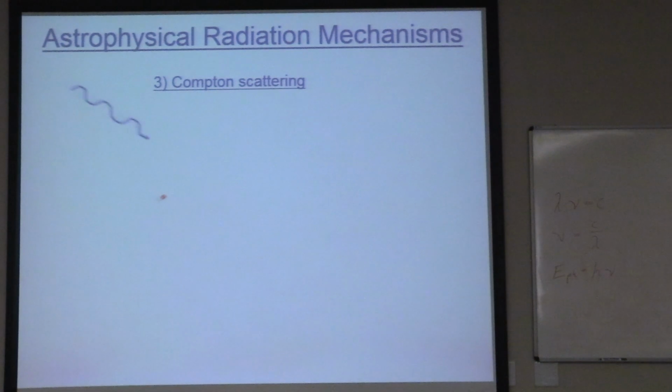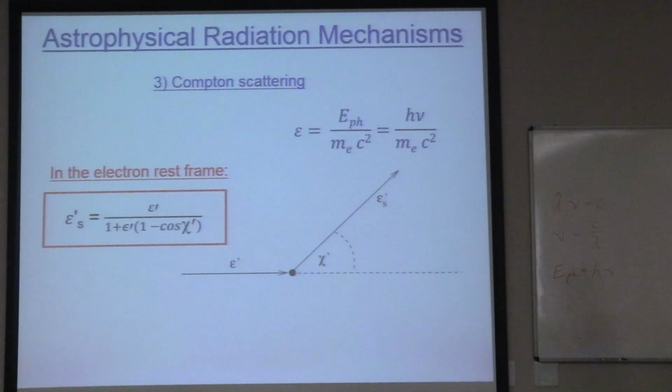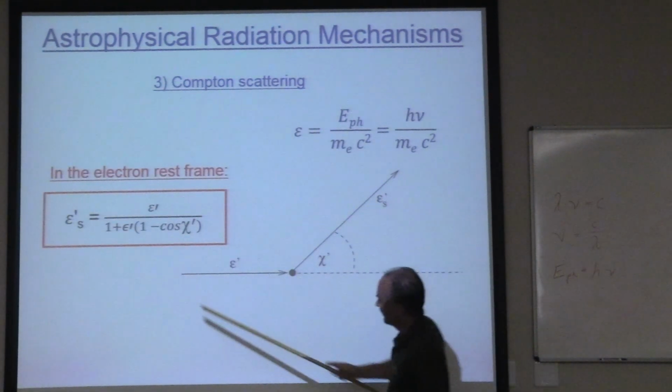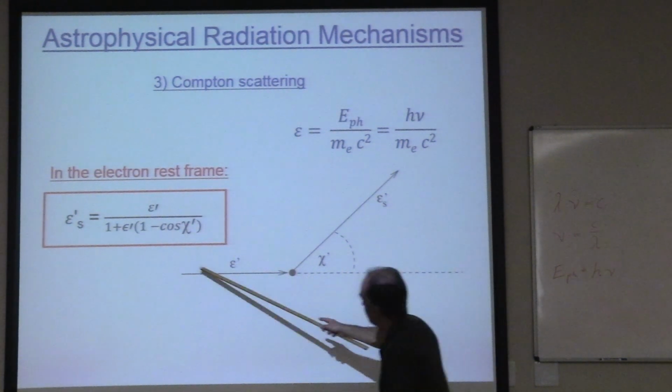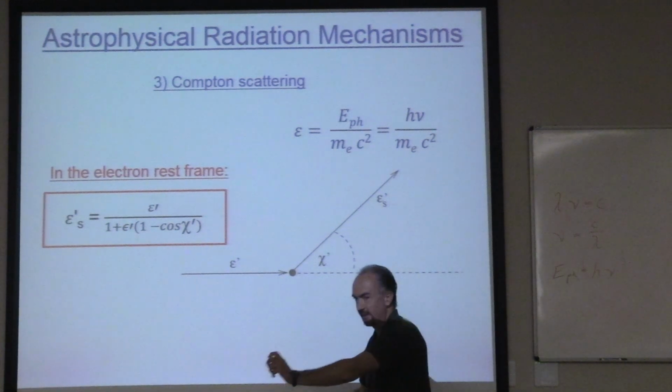Now, one other mechanism that we have discussed is Compton scattering. One photon and one electron scattering off each other. We spent quite a bit of time in class deriving, with energy and momentum conservation, what the energy is of a photon in the electron rest frame.